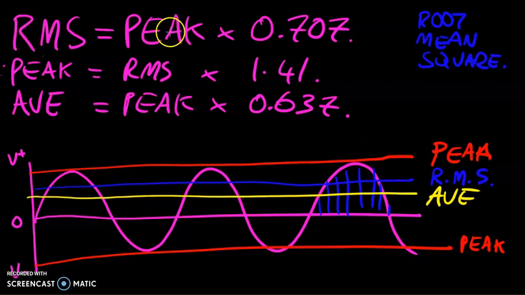So the key things: peak and RMS are different. The peak is the maximum that we get to. The RMS is the effective voltage. It will provide the same amount of heating as an equivalent DC voltage in a circuit. If you've got 100 volts DC, that does the same amount of work as 100 volts AC RMS. We don't use peak, we use RMS.